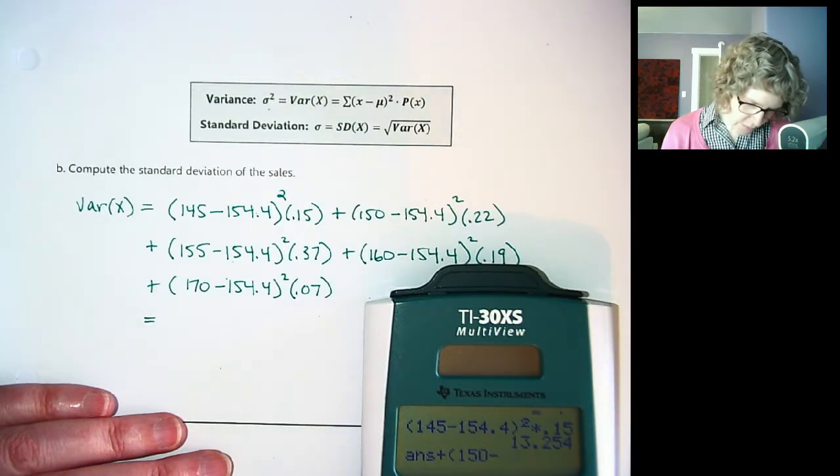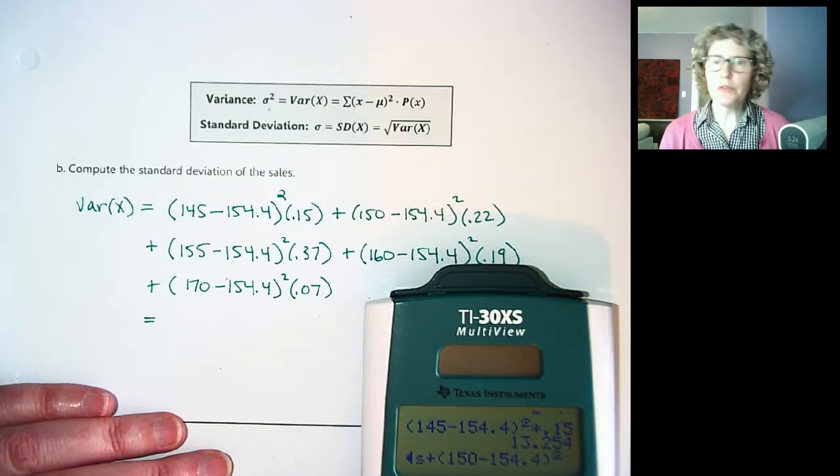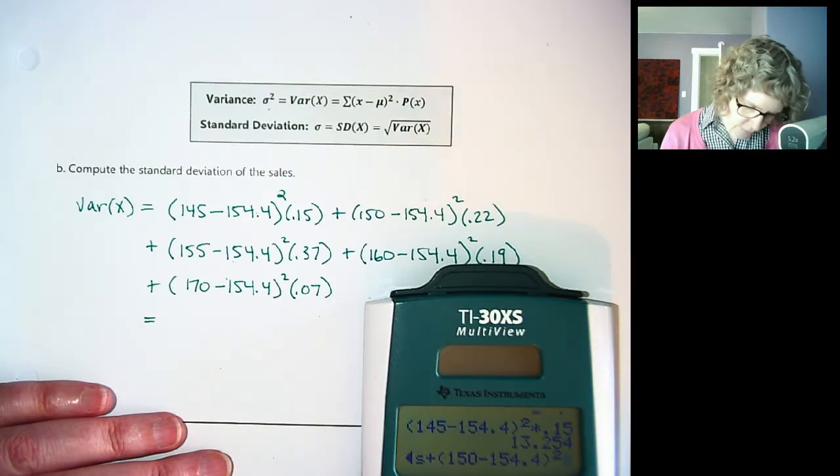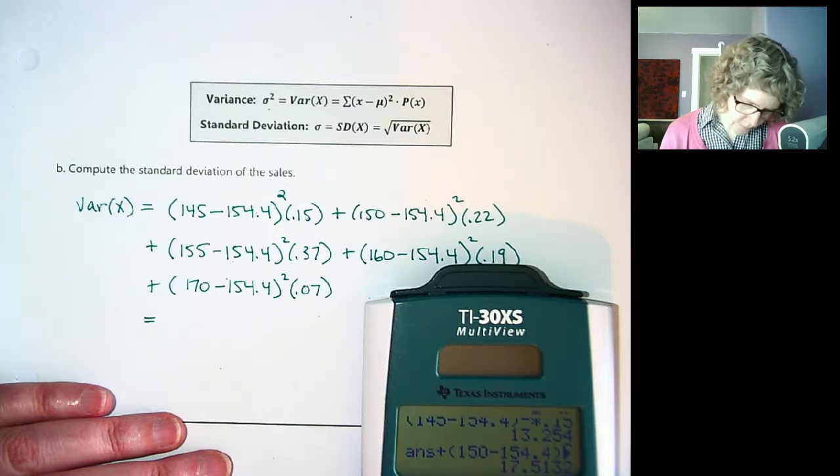150 minus 154.4. If you'd rather just try it on your own, feel free to pause the video or skip ahead, see if you get the right answer, times 0.22, enter.